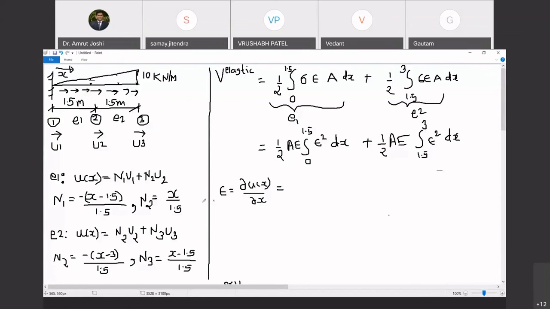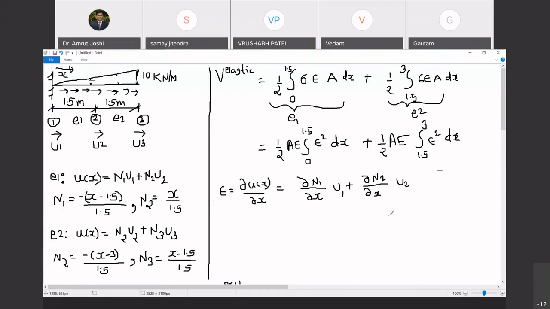So how do I write this strain? It is going to be ∂N1/∂x times u1 plus ∂N2/∂x times u2. Agreed? Do you agree with this?